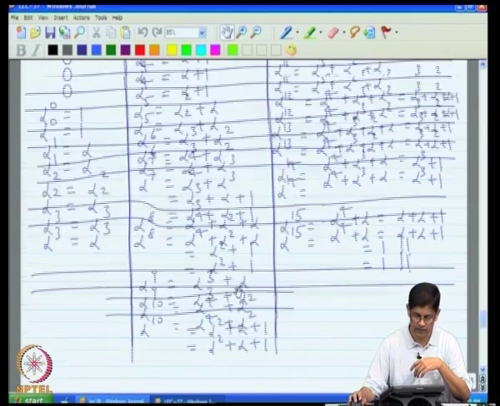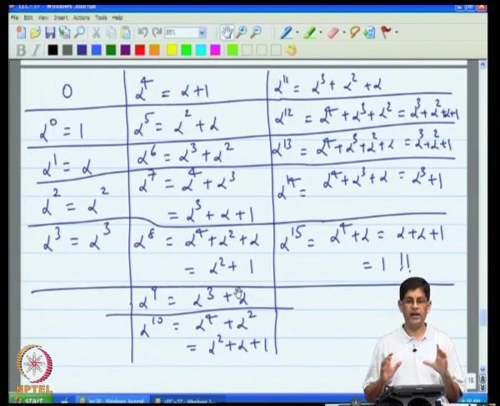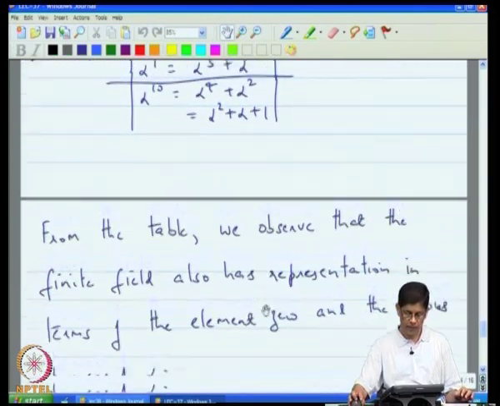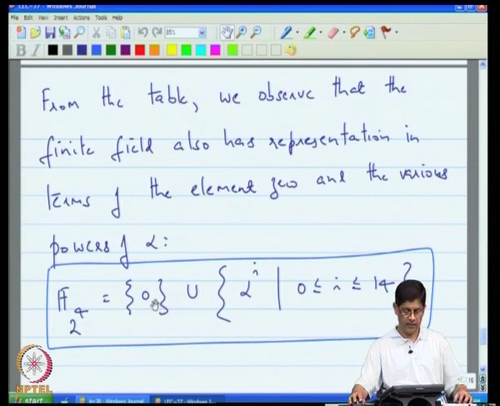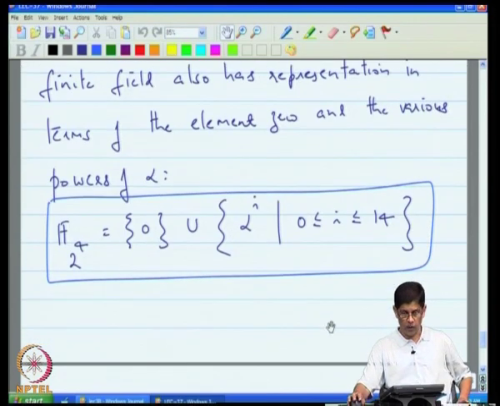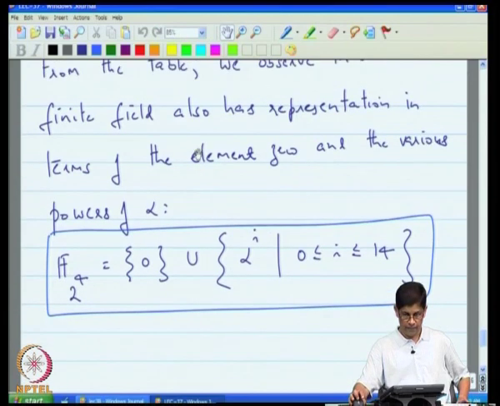For example, in our last lecture, we had a finite field of 16 elements. The finite field looked like this. It contained 0 and all the other elements were powers of some element alpha. So, this is the very simple picture of a finite field that we would like to deduce.